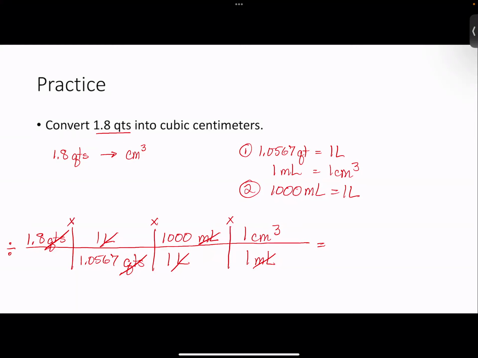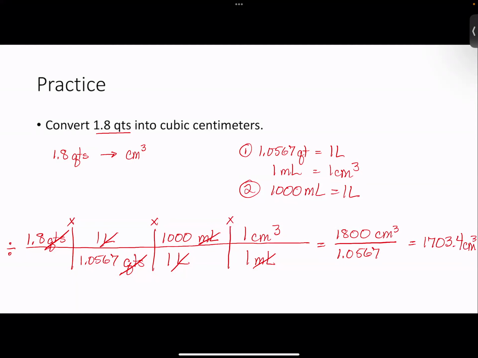We can take that 1.8 and multiply it by 1,000 in order to get 1,800 in the numerator, and that is in centimeters cubed, divided by then 1.0567 in the denominator. And you get a number of 1,703.4 centimeters cubed.